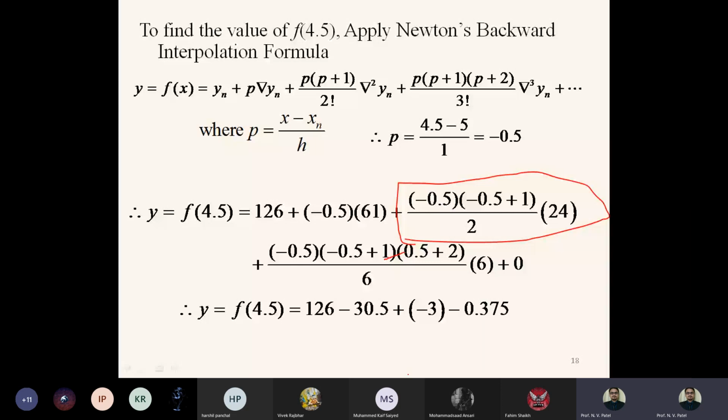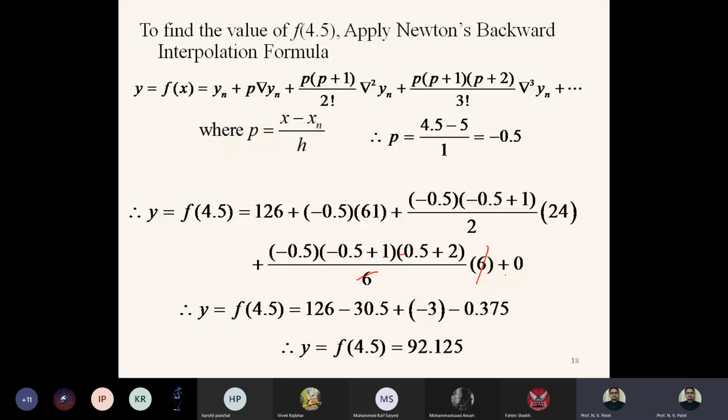Here the p value is negative, so p plus 1, p plus 2 is negative 0.5 plus 1 and then negative 0.5 plus 2, divided by 6 into 6. The 6 gets cancelled, and the simplified form is minus 0.375. Add all these numbers, which gives us the final answer f of 4.5, that is 92.125.